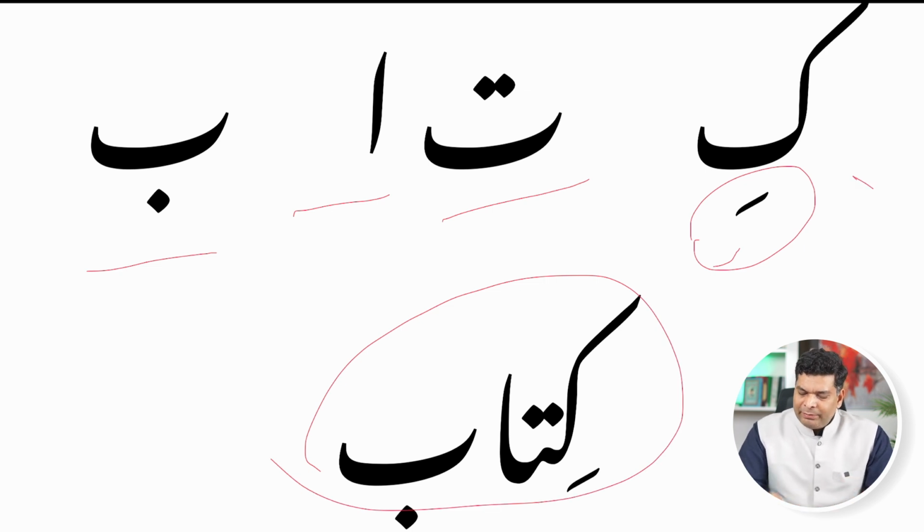Now, it is possible that I wouldn't have put zer here, and I could have still been able to read it as kitab, because possibly there could be other meanings like katab or kutab, but you don't have words representing katab and kutab in Urdu. So there could be certain situations where you could have a conflict, but by and large, through the context, you're able to understand. In this case, it's very clear that this is kitab by kaf, zer, te, alif, and be.